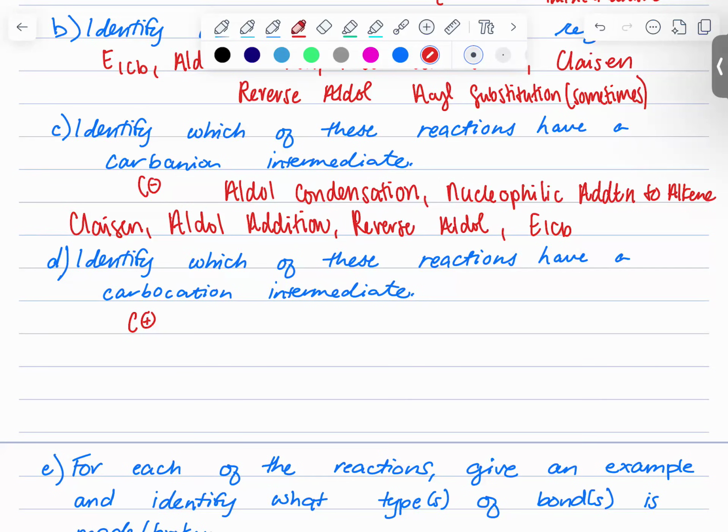So when we have base catalyzed elimination, we have a carbanion intermediate. If we don't have the electrons from that base, we have a carbocation intermediate.